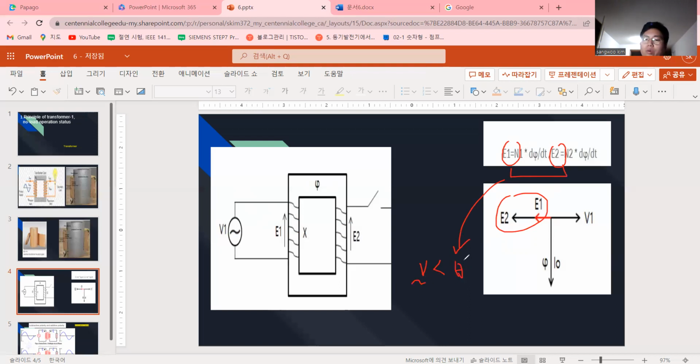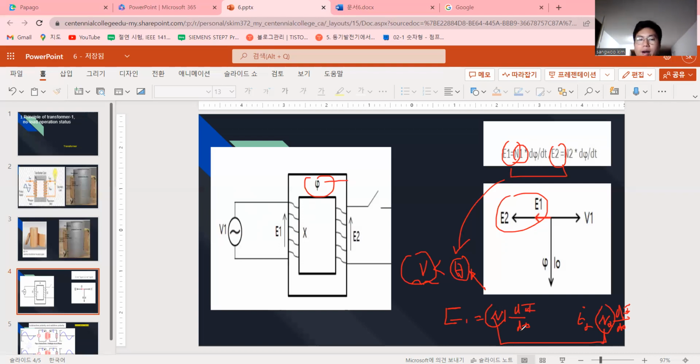We now know this is the same phase, and we now know this magnitude depends on the turns of winding N. Which means E1 equals N1 dphi/dt, and E2 equals N2 dphi/dt, because phi is the same, right? So it depends on the turns, how many windings we have.